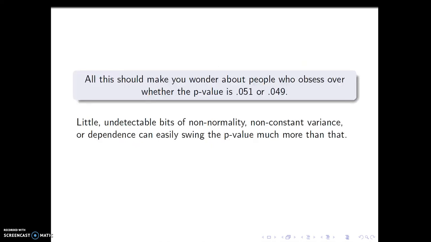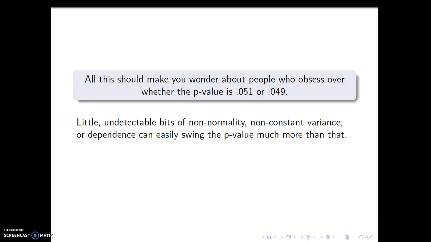All this should make you wonder, as Gary says, about people who obsess over whether the p-value is 0.051 or 0.049. Long ago, I quit even worrying about 0.055 versus 0.045.